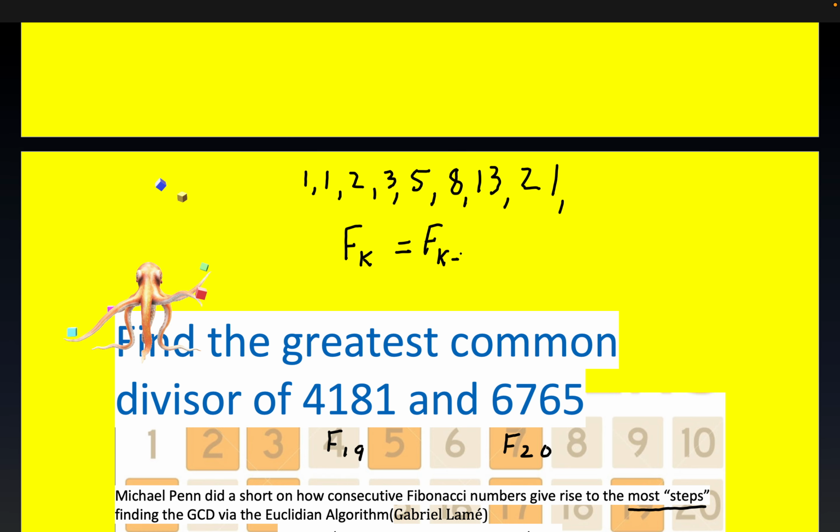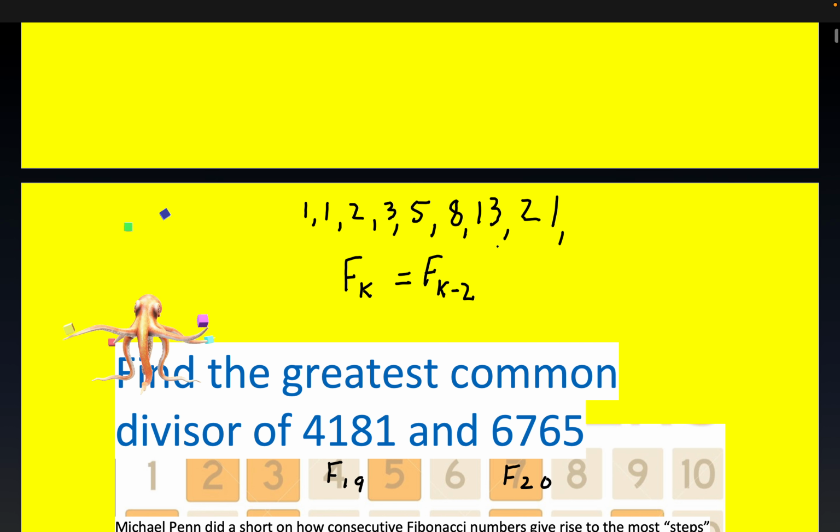There's an interesting little side result here that I wasn't aware of really. Okay, so this is saying a particular term is equal to the sum of its two predecessors.